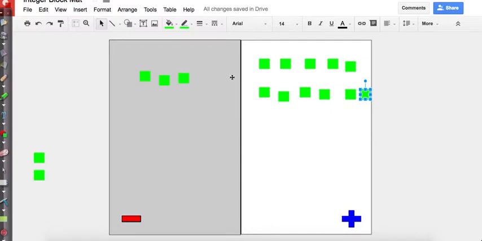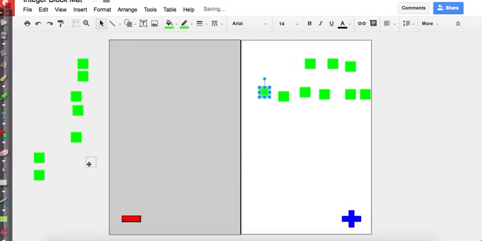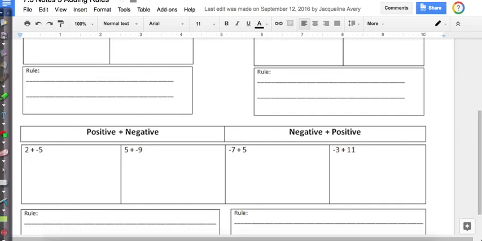Now, once again, we have negatives and positives that we're adding, so we're going to take away one from each side, making 0 pairs, until we've made all the 0 pairs that we can. And now we are left with how many? Hopefully you said 8, and since we're on the positive side, the answer is +8. So let's go back to the notes here. I'm going to fill in this answer again, -2, and we have +8 now.